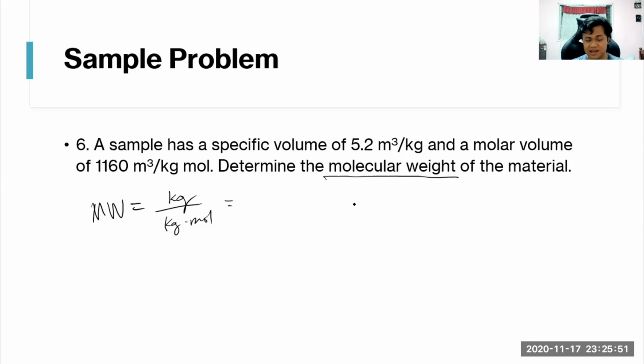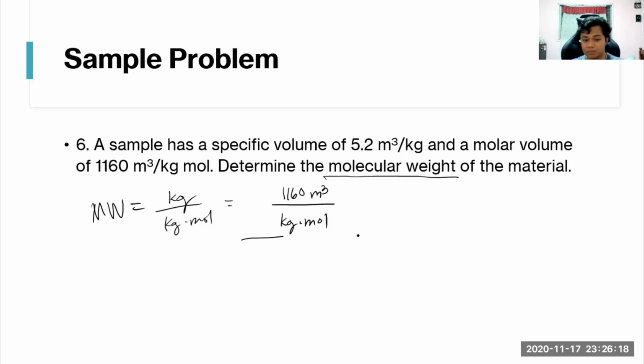We know that 1,160 already has the kilogram mole in the denominator. So we'll put it in the numerator, and then we'll have to divide that.